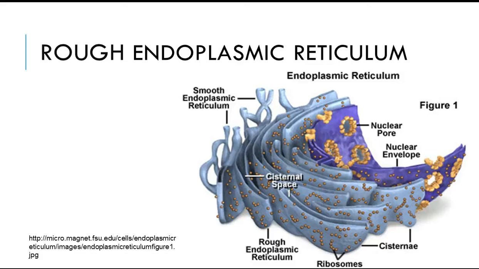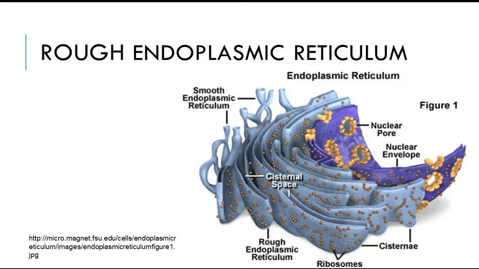They're folded, right? And so the term that's usually described, like you'll find in your textbook, is flattened sacs, more flat than tubes. And what's on them, giving them a rough appearance, are ribosomes. And so under a transmission electron microscope, the rough ER looks rough. It's got all these little ribosomes fixed to it.